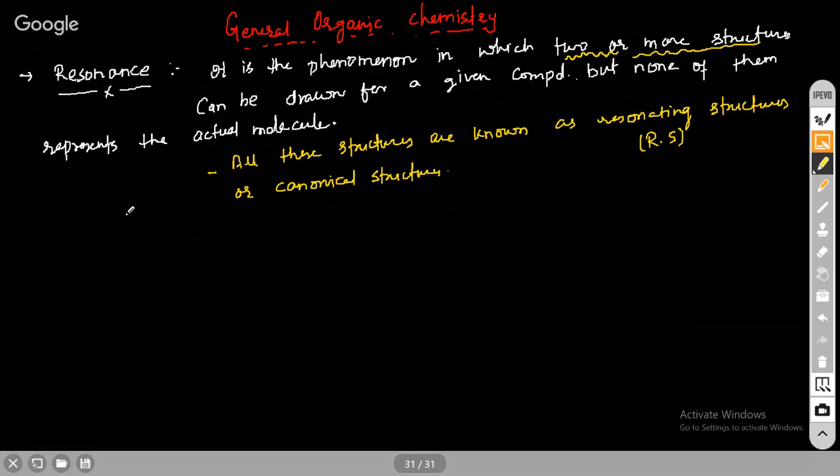See the example: if I write the structure of benzene, the structure is this. And we can also draw another structure as this.